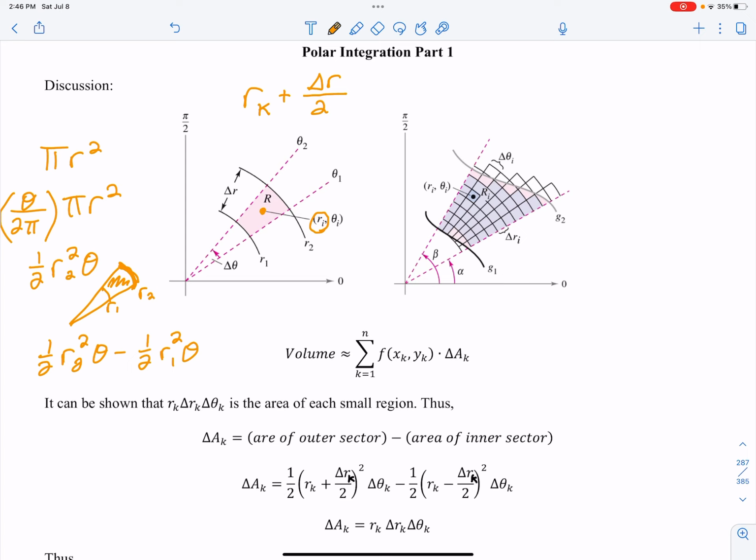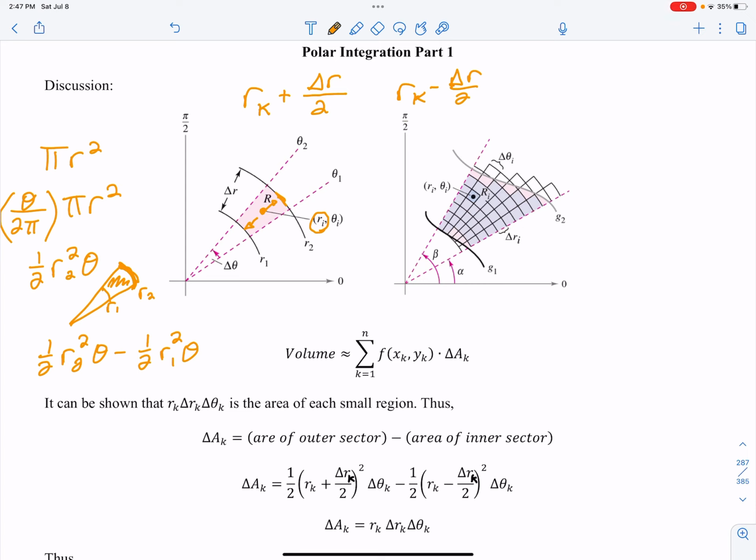This is equal to R2 or R1, depending. If I add it, I go this distance and I get there, that's the outside. But if I subtract it, Rk minus change of R over 2, remember change of R is this distance, if I cut it in half, it's going to take me to that inner line. So this is the radius of the outside, and this is the radius of the inside.